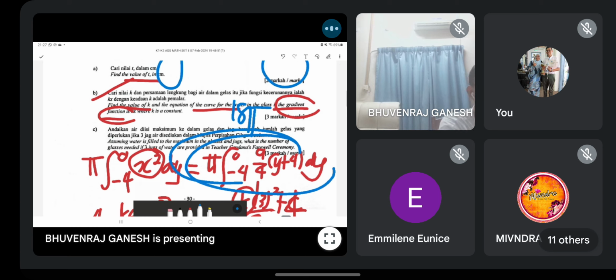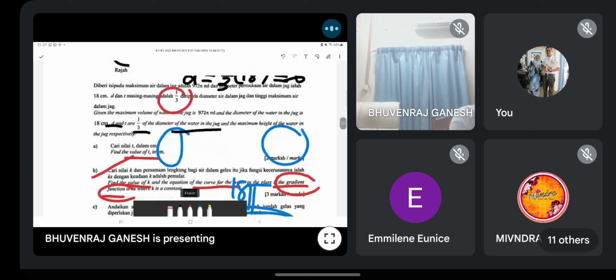So now, if you read back the question, they ask you how many glasses. Okay, so you must find out 3 jug, what is the volume? Okay, apa volume untuk 3 jug? So let me see. Saya lihat 972.